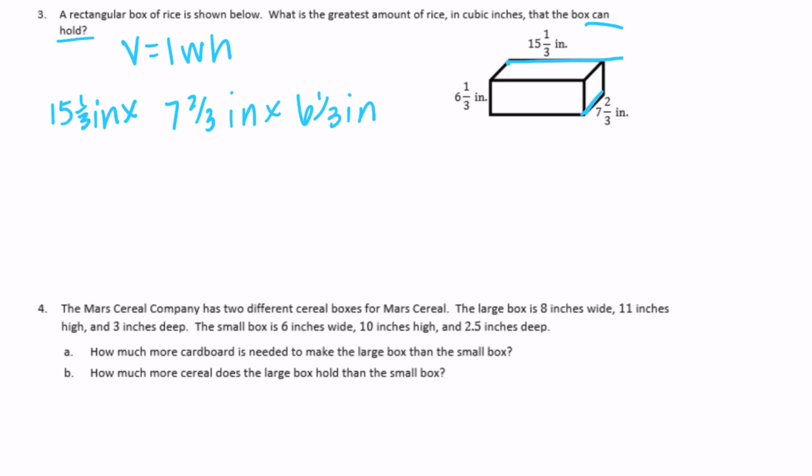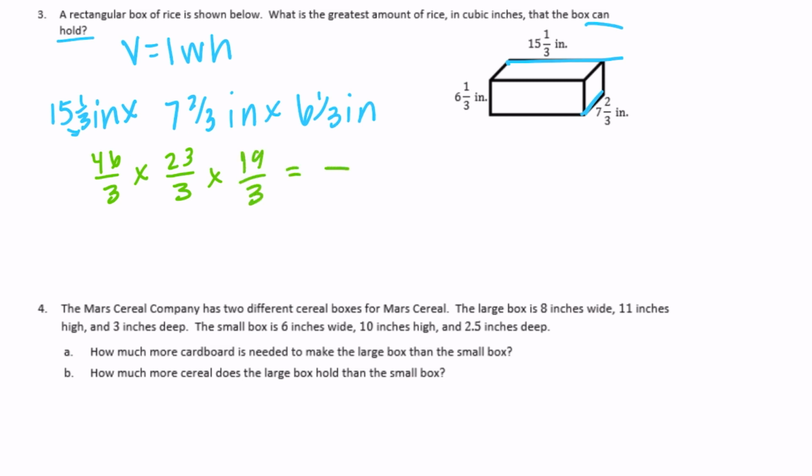Let's go ahead and do that. So 15 times 3 would be 45, plus 1, so this is 46 thirds times 7 2/3, which would be equal to 23 thirds, times 6 1/3, which is 19 thirds.